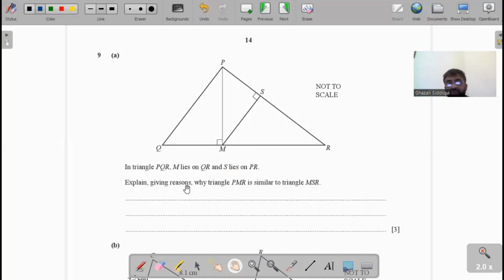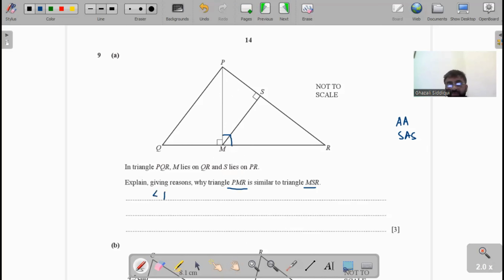Question 9a: in triangle PQR, M lies on QR and S lies on PR. Explain, giving reasons, why triangle PMR is similar to triangle MSR. If two triangles are similar, we use the similarity property AA or SAS, and we check it. AA property firstly: in triangle PMR, angle PMR is 90.